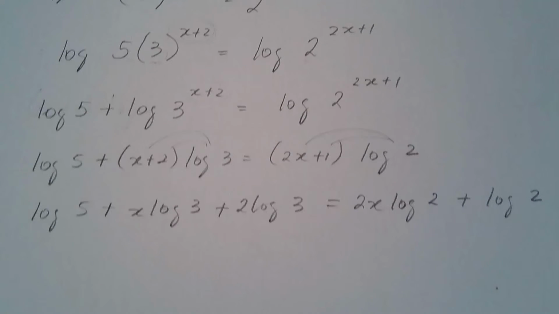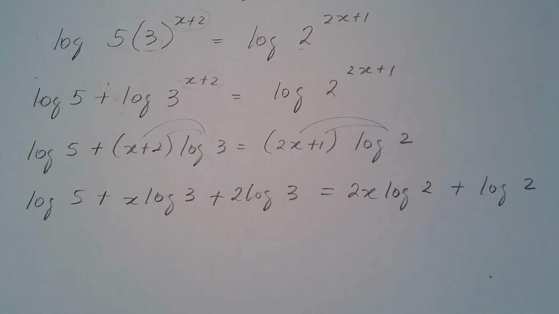Is everybody okay? Now, what do you think we should do from here on? Yeah, put the ones with the x's on one side and all of just numbers on the other side, so let's just do that.